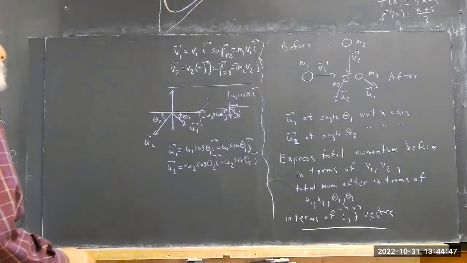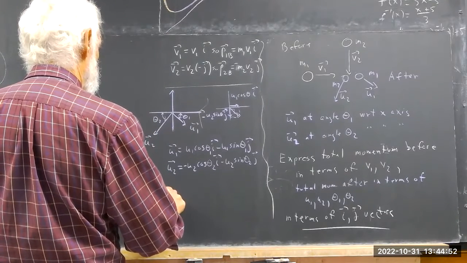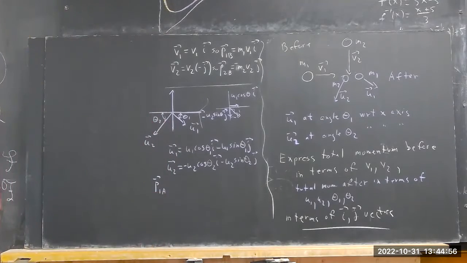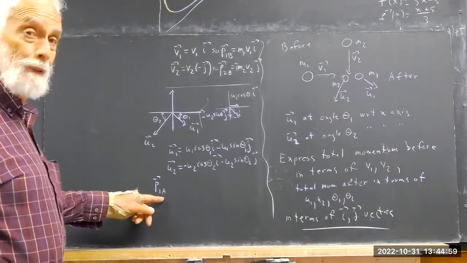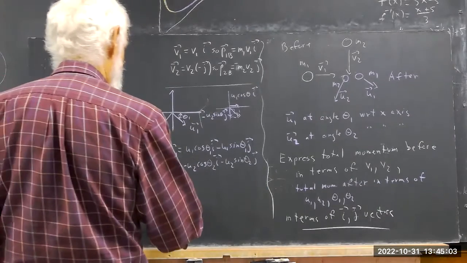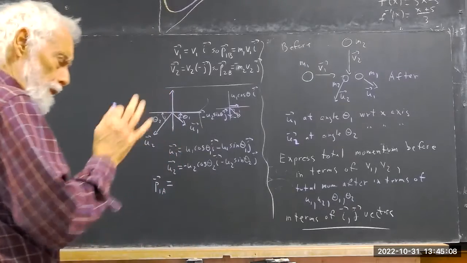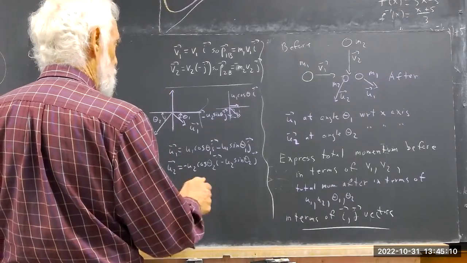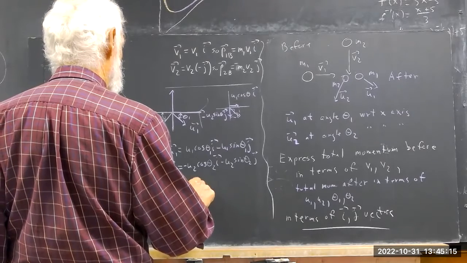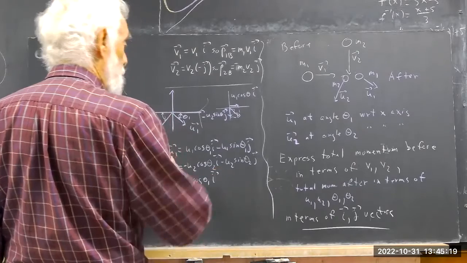So P1A means P1 after collision. And since it's in purple, we know that it's after collision. Some people don't like color coding. There's a point to that. I'm going to use color coding. Okay, so we've got M1 times this.